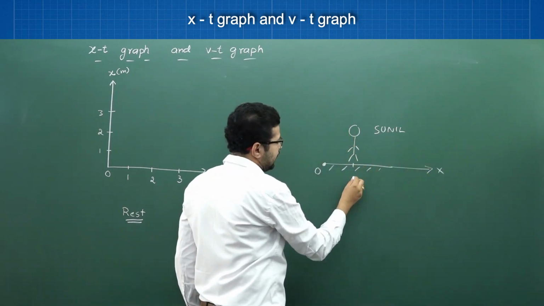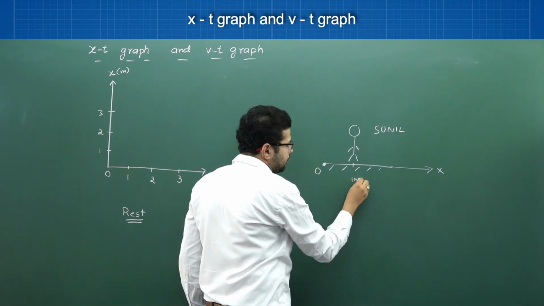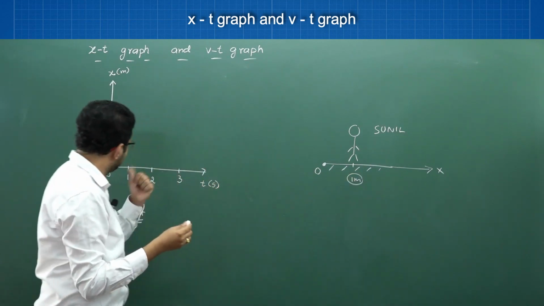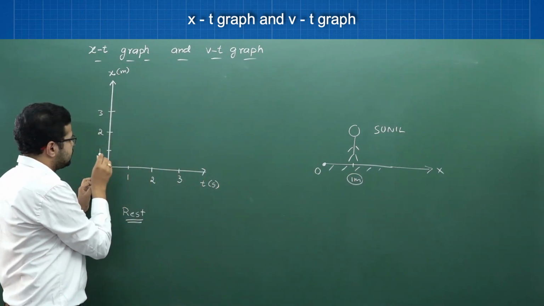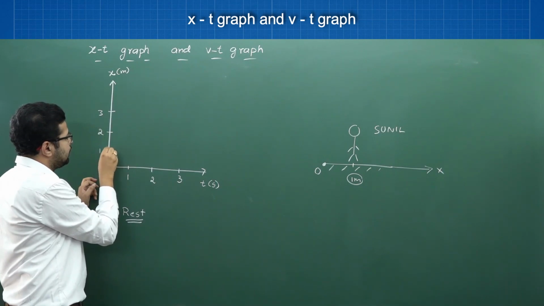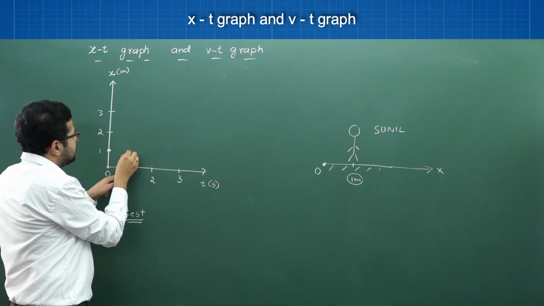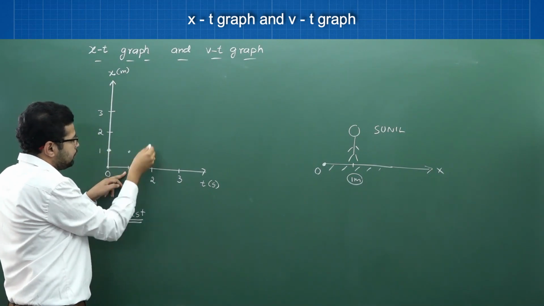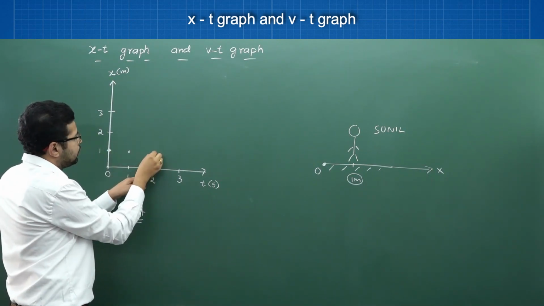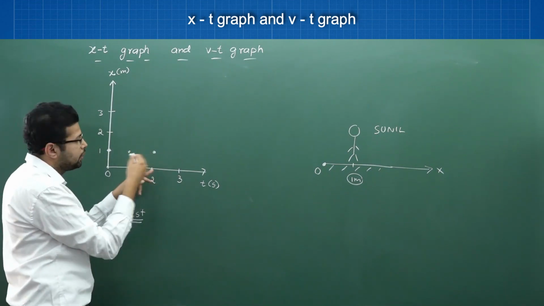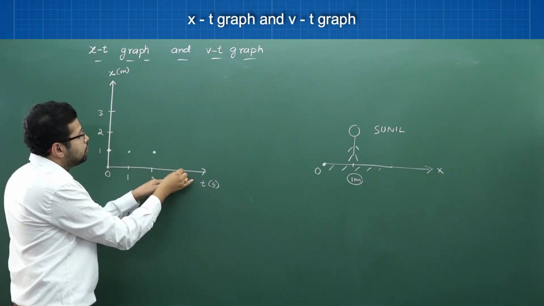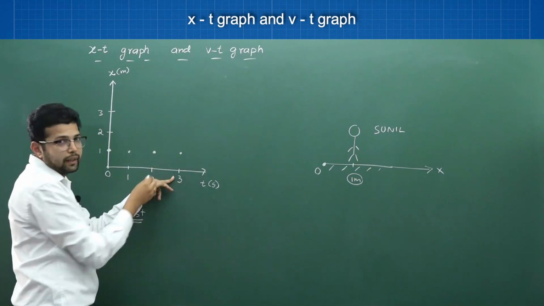Sunil is standing at x equal to 1 meter. At t is equal to 0 seconds, he is at x equal to 1 meter. At t is equal to 1 second also, he is at 1 meter only. At t is equal to 2 seconds also, he is at 1 meter only. At t is equal to 3 seconds also, he is at 1 meter only.